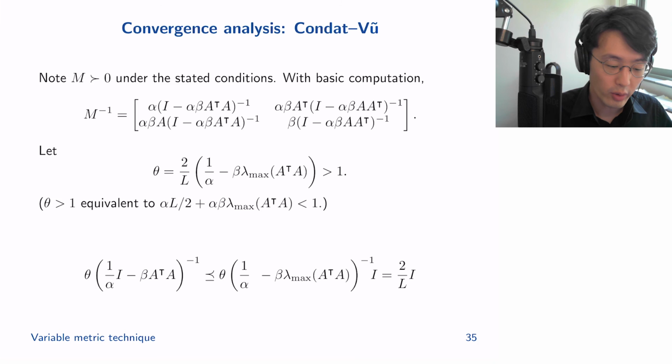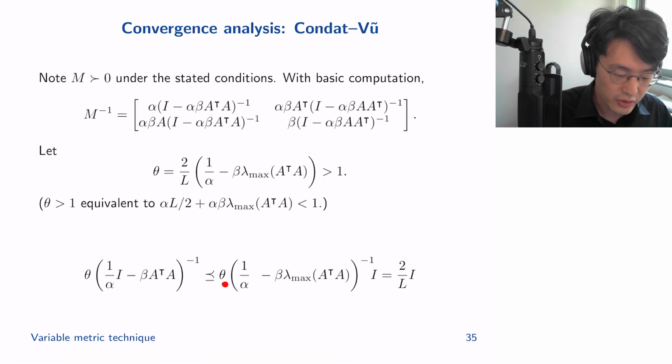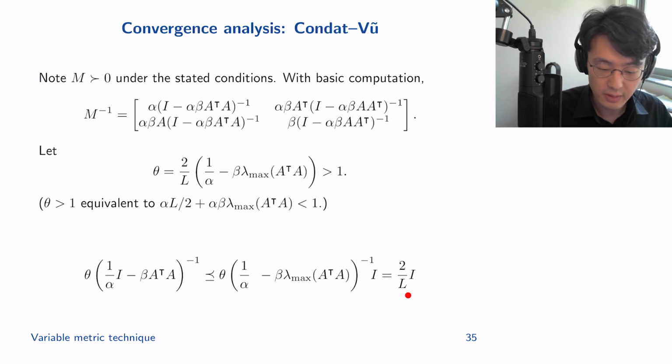The most direct way to verify this ordering is to consider the eigenvalues of the left-hand side and to note that this scalar quantity, multiplied by the identity matrix, is the largest eigenvalue of the left-hand side. And then by definition of theta, if we multiply this out, we get 2 over L times identity, so this is an equality.